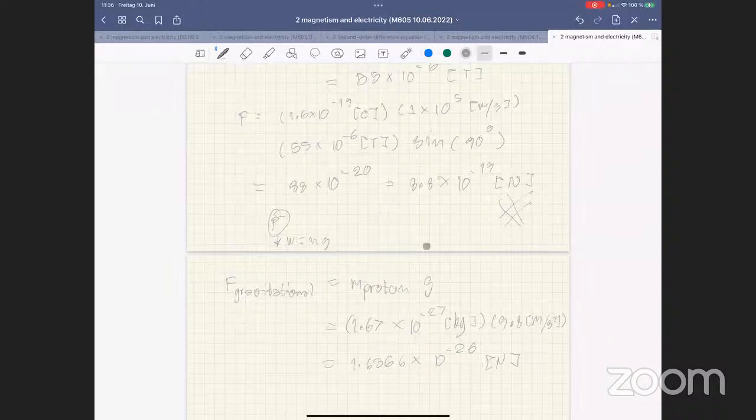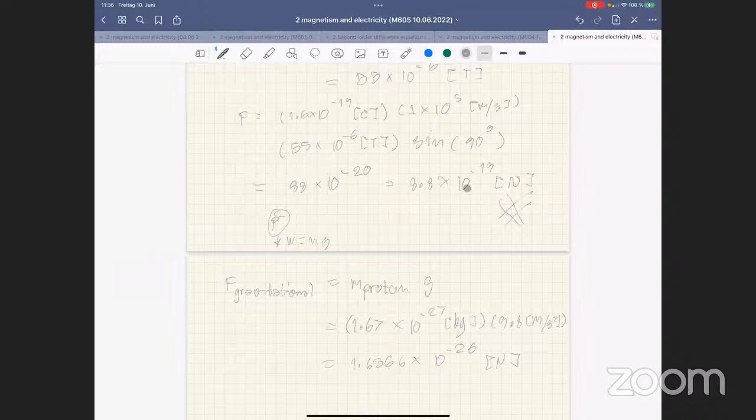Which quantity is greater than the other? Of course, you don't have to look at the scaling factor, just look at the order of the power.